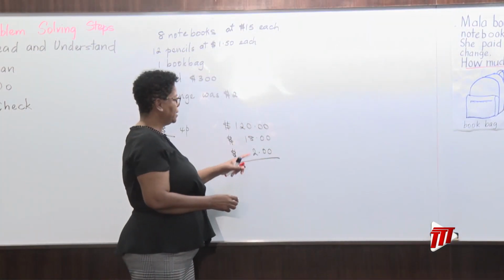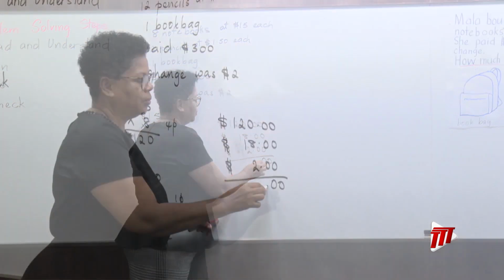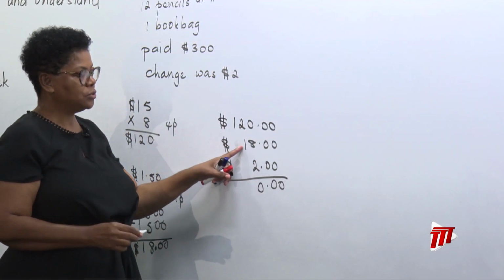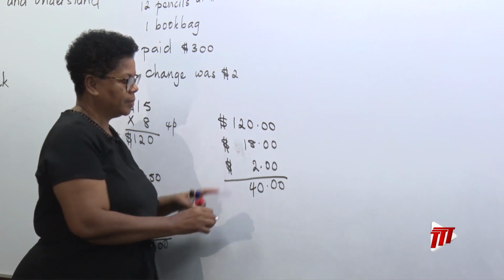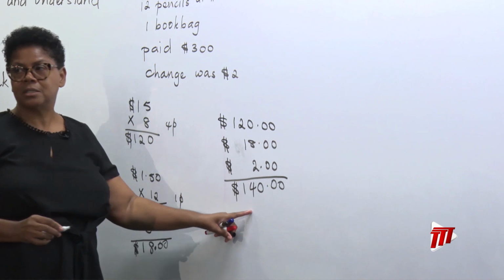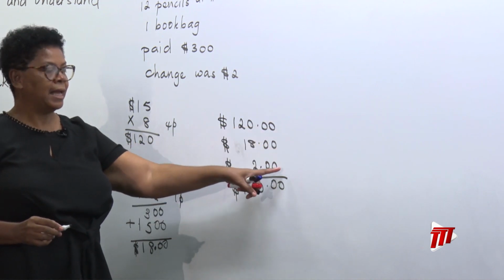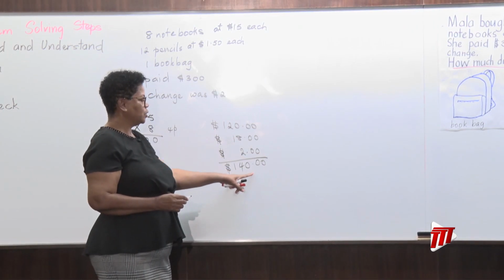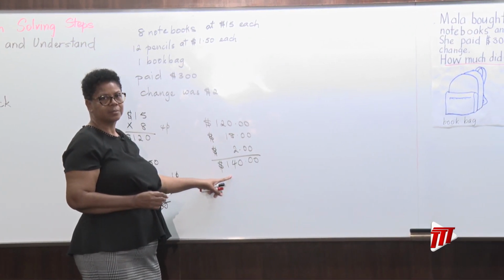When we add them together, we get 8 and 2 is 10, 2 and 1 is 3, and the 1 is 4. And we bring our 1. So the cost of the 2 items and the addition of the change is going to bring it to $140.